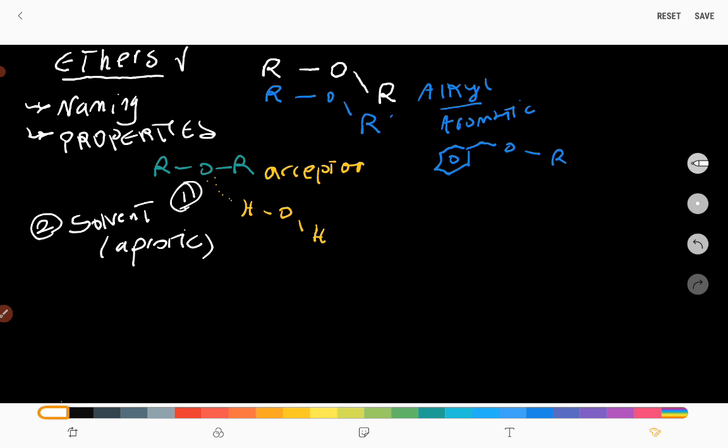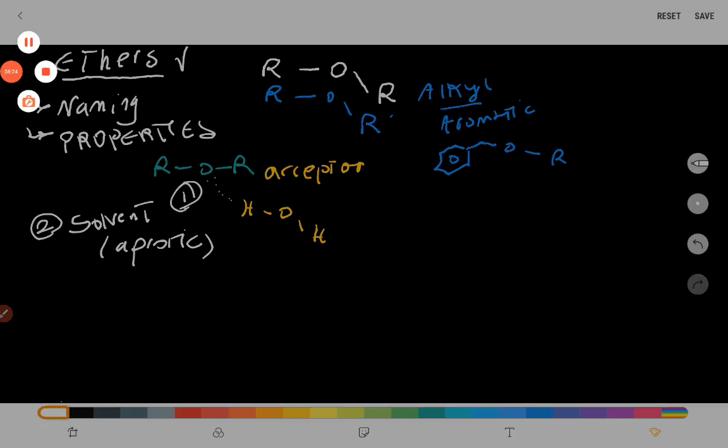They do not interfere with some of the molecules that would be damaged by protic solvents such as water. So that's the second property of the ethers.